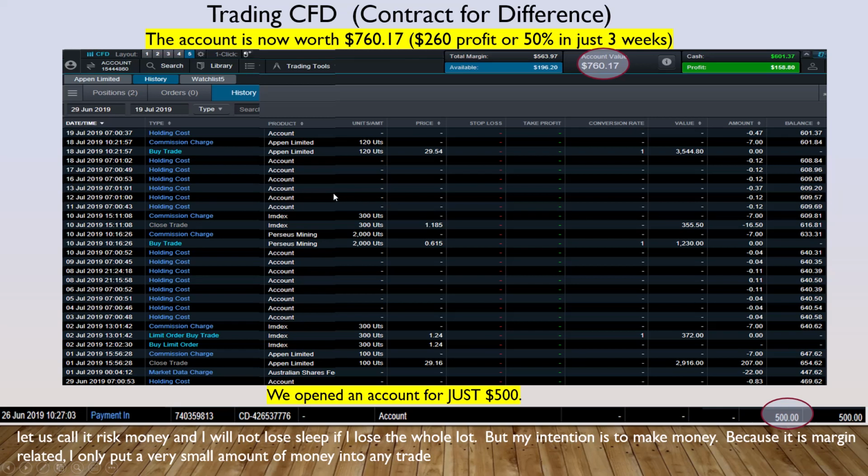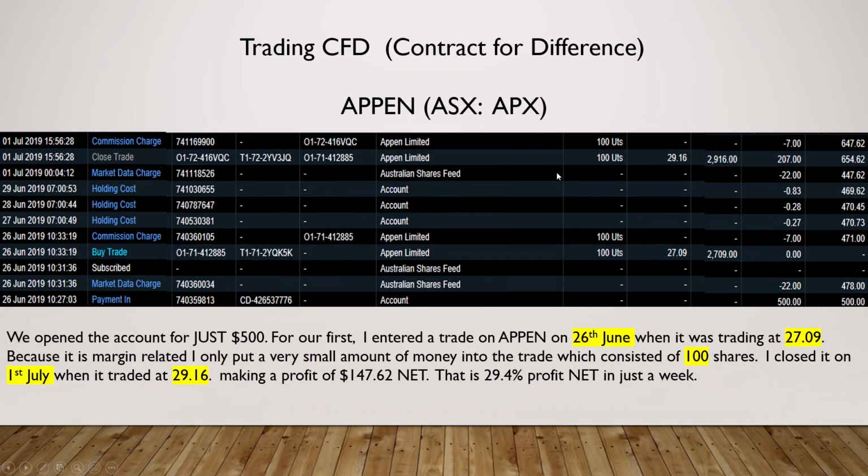What we did, we traded a company called Appen, and we entered the trade at a particular price of $29.16, as you can see here, and we closed it sometime later and made some money. We can show you how every single trade was executed, but you can see the entry was $500, and within 3 weeks it ended up being $760.